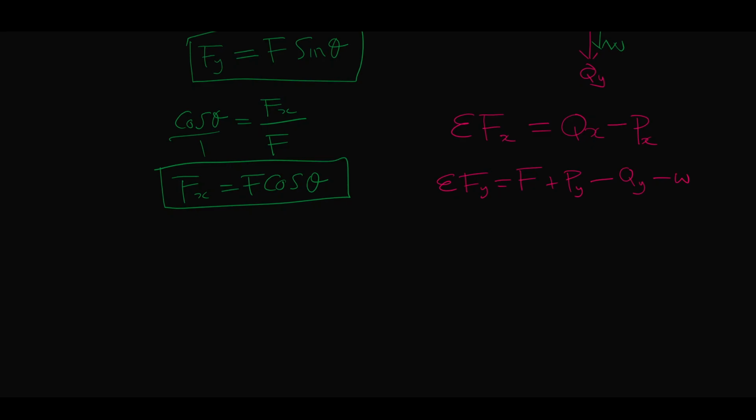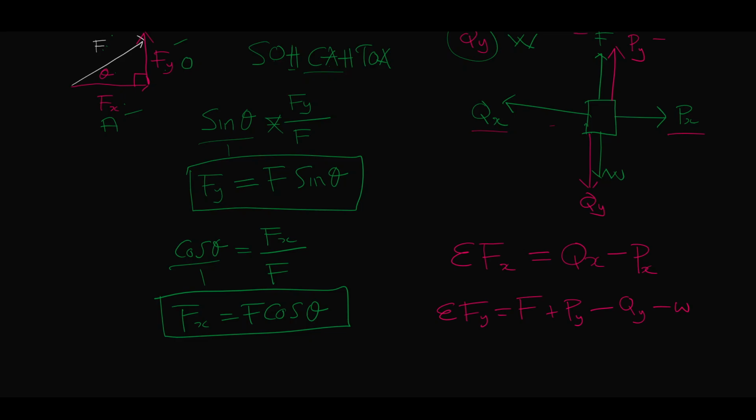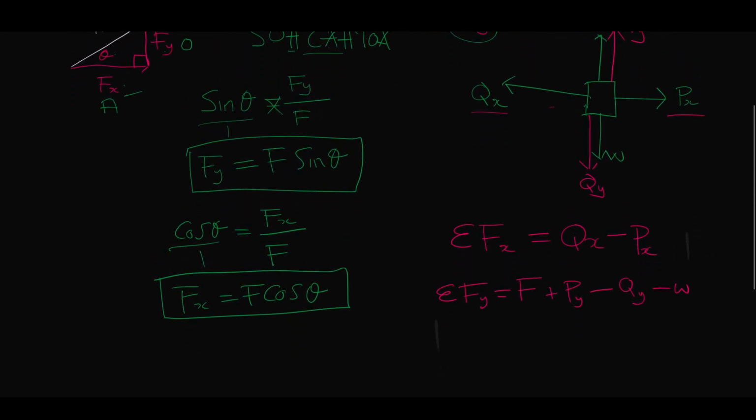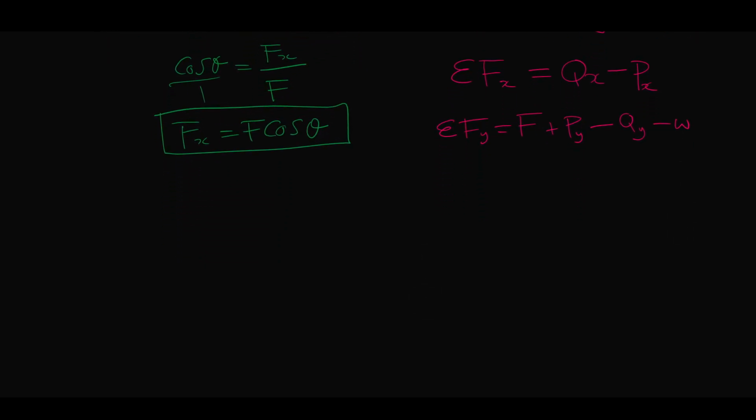If the forces are acting on a body that is in equilibrium, then the summation of forces in the x-axis will equal 0, and the summation of forces in the y-axis will equal 0, meaning our equations will be, starting with Qx minus Px is equal to 0, which can also be written as Qx equals Px, since when Px crosses over, being negative here, it will be positive.